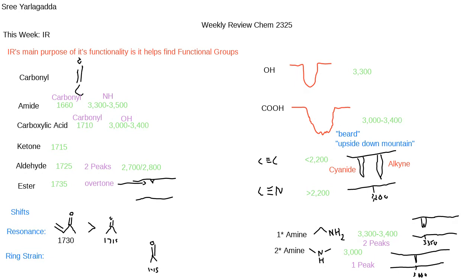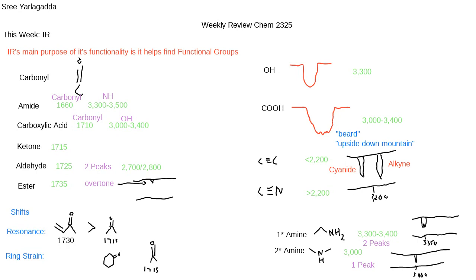Sorry about that. And let me actually zoom in. 1715, right? So let's say we put that ketone on a ring, such as a hexagon or a cyclohexane.